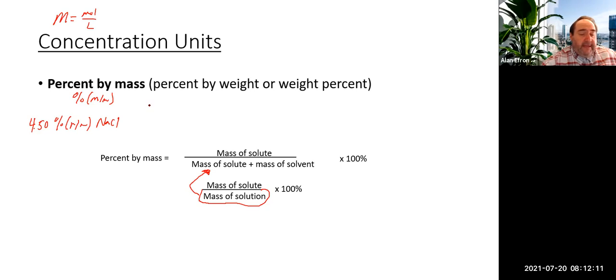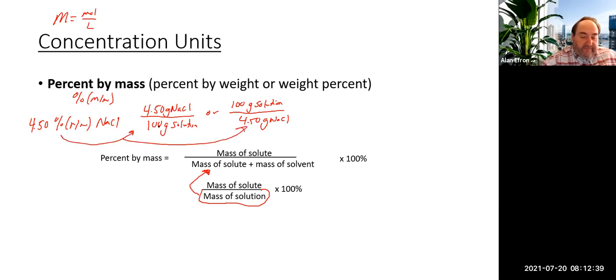We could say there would be 4.5 grams of sodium chloride in 100 grams of solution, which is 4.5%. You could also flip it around if you're doing dimensional analysis and need the conversion factor used the other way. So it's useful to convert these percentages into conversion factors you can use for calculations.